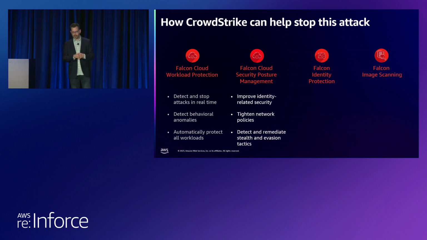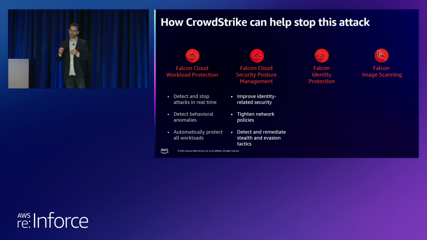And it's not only looking at the indicators of misconfiguration, but it is also ingesting the API event stream from CloudTrail. So, if you're not familiar with CloudTrail, CloudTrail is an AWS service that is tracking all of the control plane API activity across your accounts.